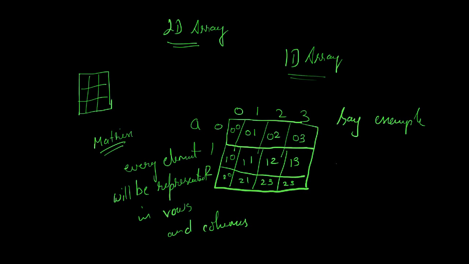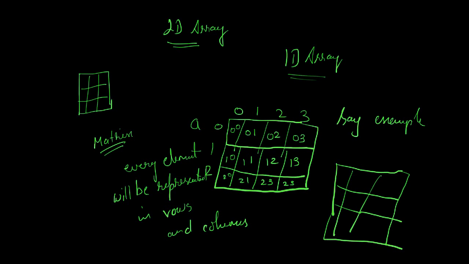In a two-dimensional array, for example, if I have 3 rows and 3 columns, so this is 1, 2, 3, 4, 5, 6, 7, 8 and 9.